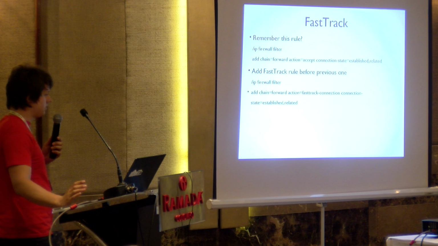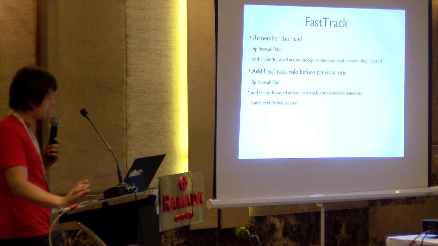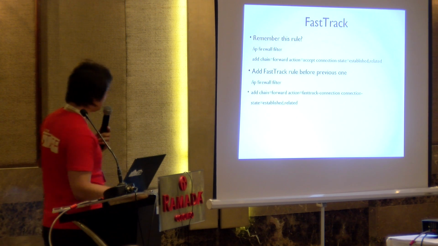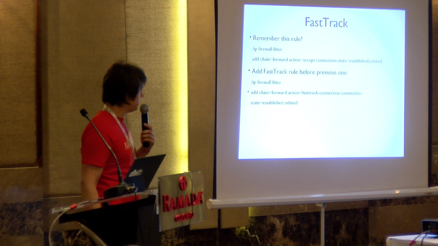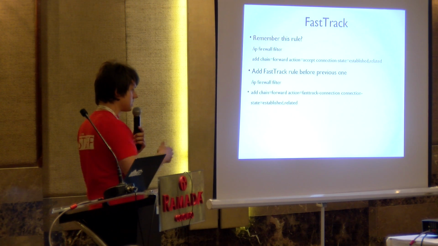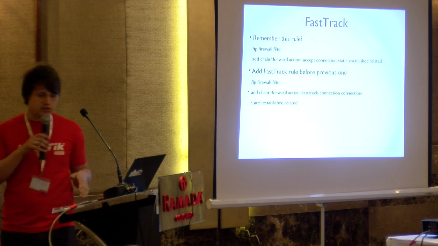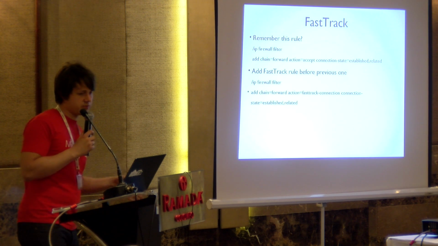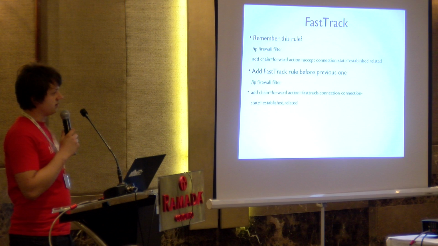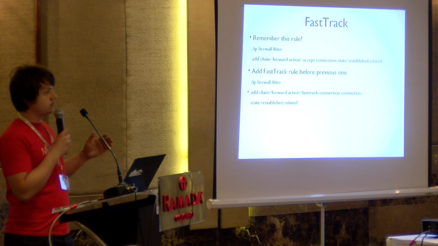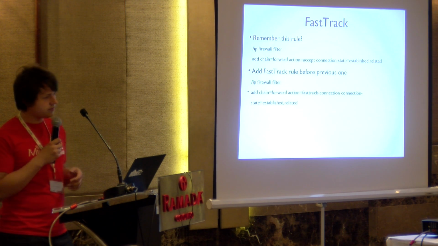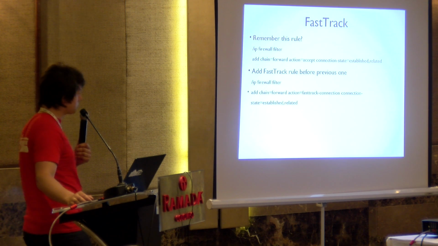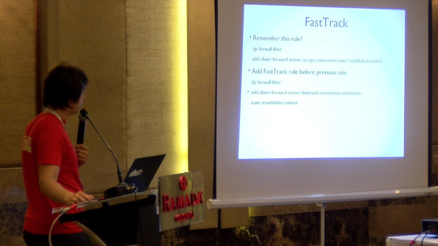So if you know that the connection is completely safe, it's established, related, started from your local area network, you can just skip all those checks and add this connection to the fast track. This means the packets won't be inspected by those facilities, and you can significantly boost the speed of your router.